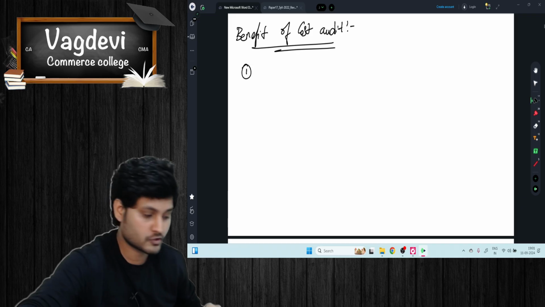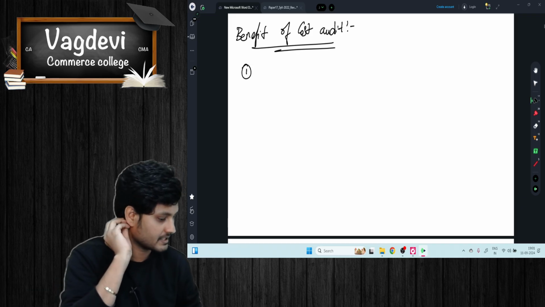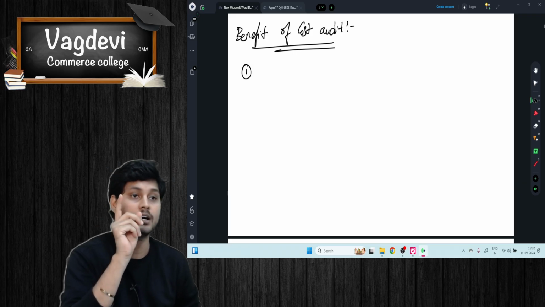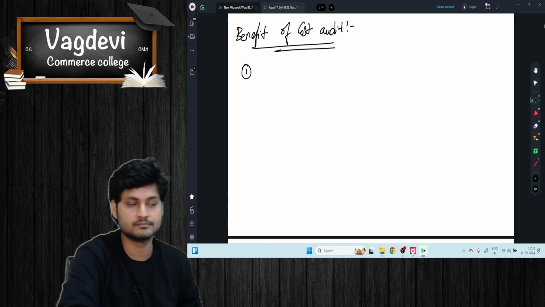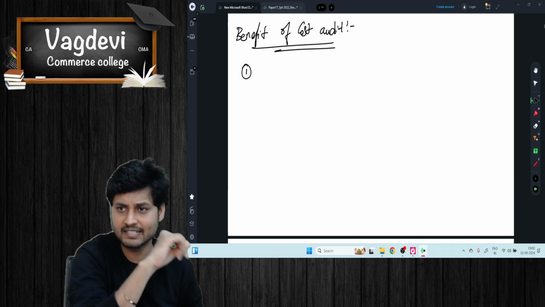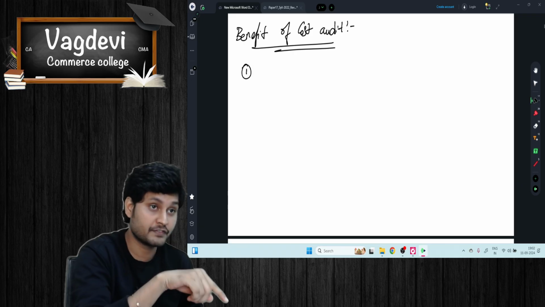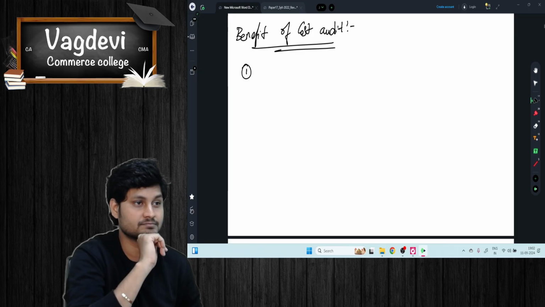So cost audit was introduced in 1965 under the Companies Act 1956. Now Companies Act 2013 is there, right? Previously we used to have Companies Act 1956, and before that 1913.